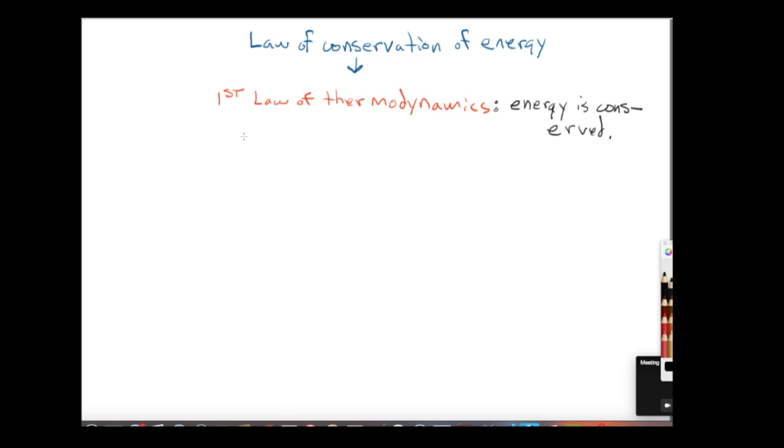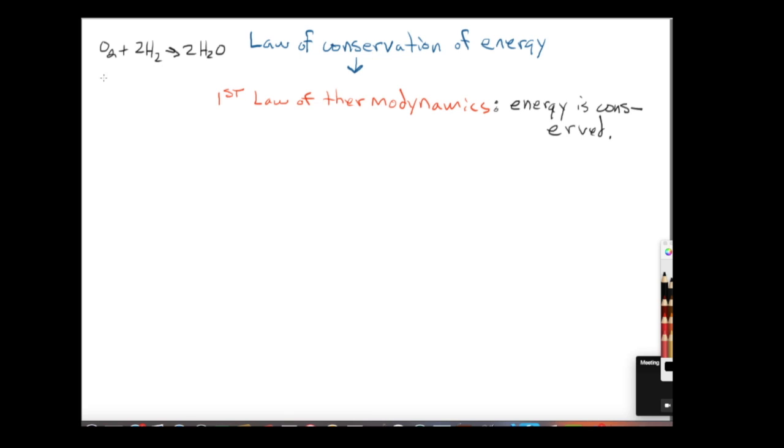For any kind of process or chemical reaction, like melting an ice cube, that would be a process. A chemical reaction could be the reaction between oxygen and hydrogen to make water, just as an example.